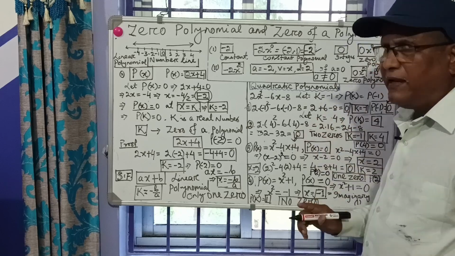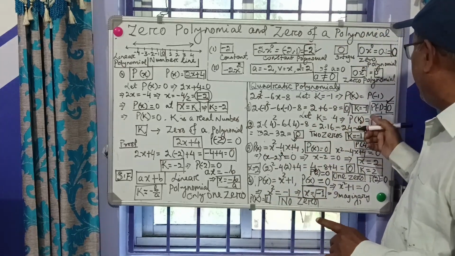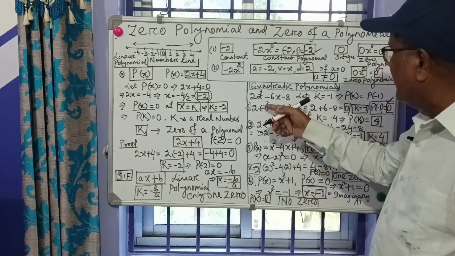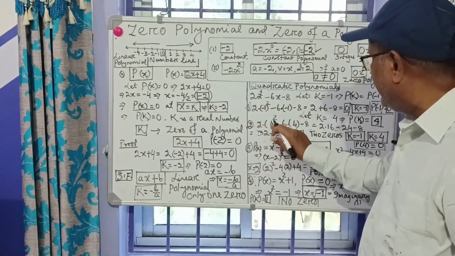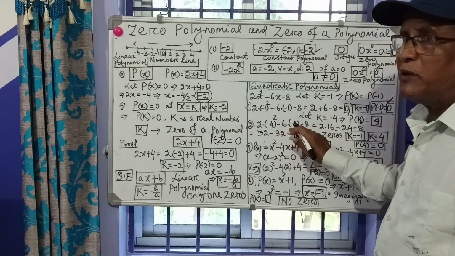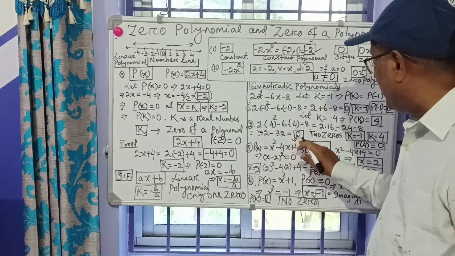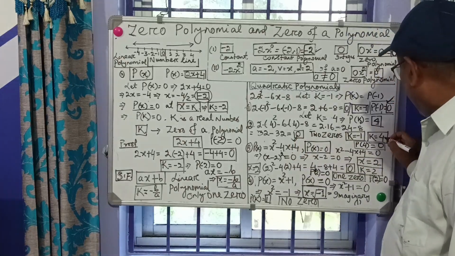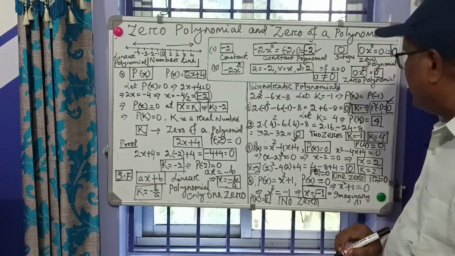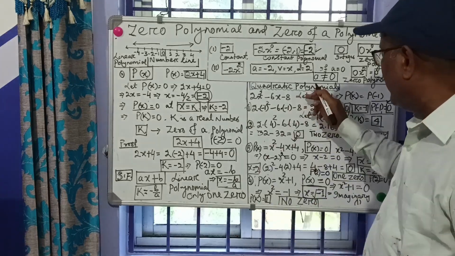Taking the value of k as 4 and putting it in place of x, we get the polynomial as 0. The result of the polynomial is 0. So k is equal to 4, 4 is another 0 of this polynomial.